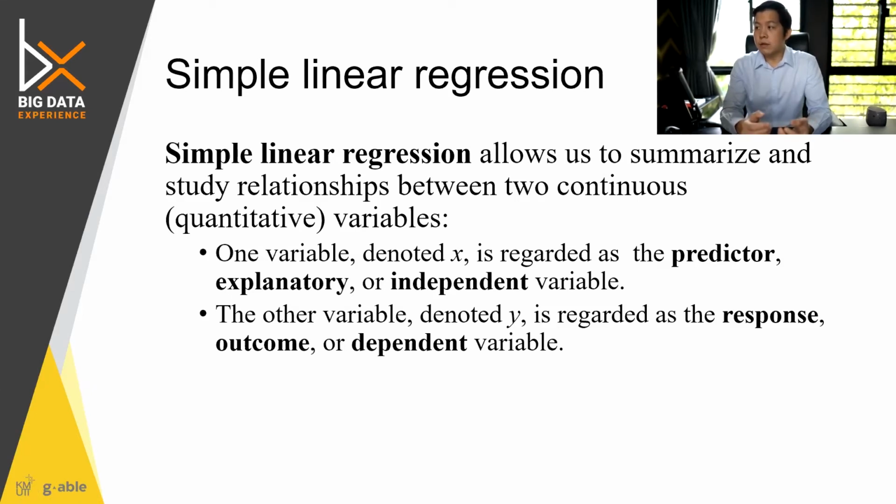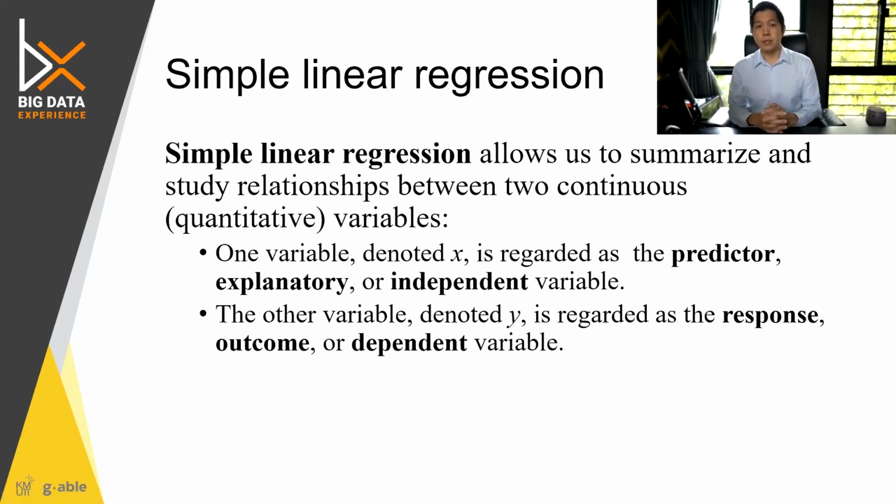We can define linear regression as a way that you explain a relationship using a simple equation. Simple linear regression explains a relationship in terms of one variable. We have one variable x, which we regard as the input, the independent variable in science, the predictor, or sometimes we call it the explanatory variable.